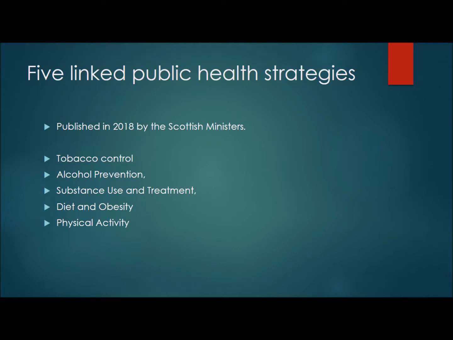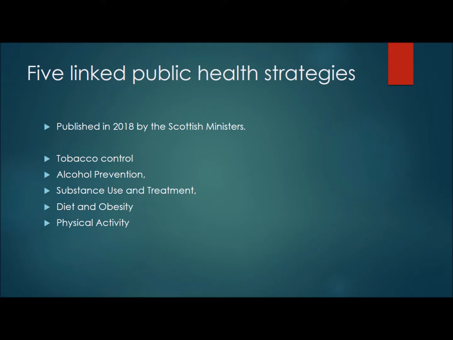So the Scottish Government in 2008 published 5 linked public health strategies. They are looking in particular at tobacco, alcohol, substance misuse, diet and obesity, and physical activity. And as a whole, these public health strategies are being implemented to try and improve the health of our nation.